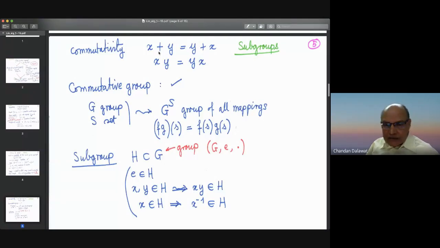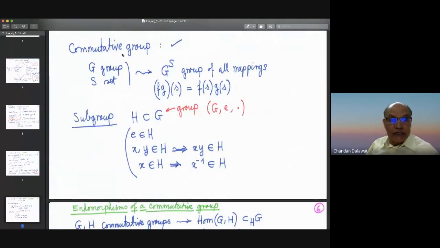I get the same result. If it's addition, then the commutativity condition is X plus Y equals Y plus X. If you're writing your law of composition multiplicatively, then this commutativity condition is written XY equals YX. Okay?